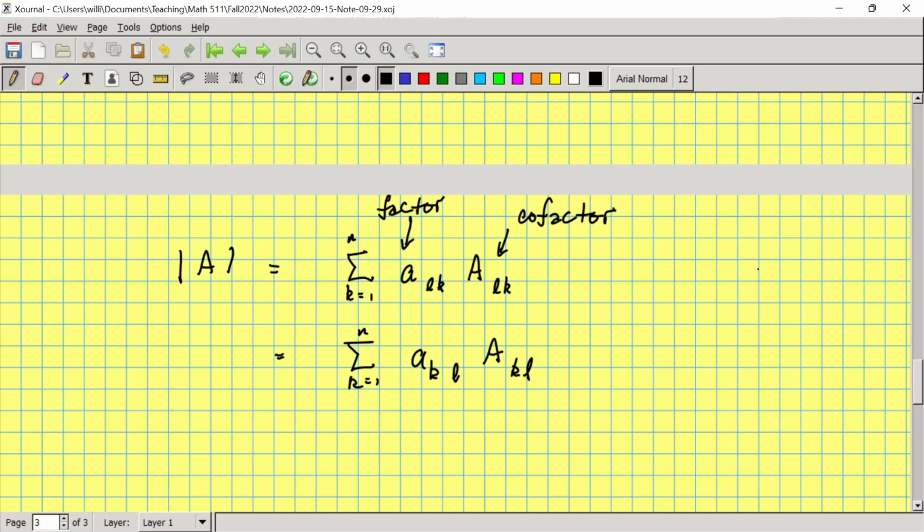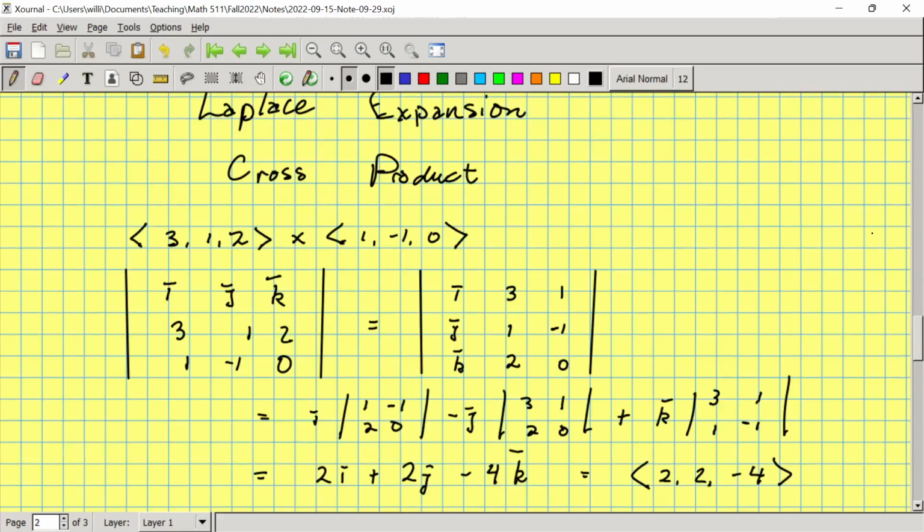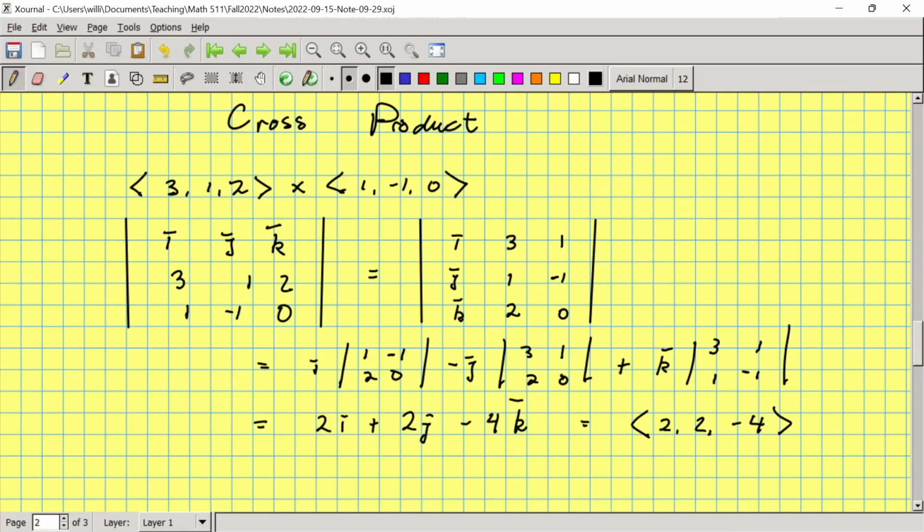That's exactly what we did when we calculated the cross product up here. We multiplied i times the determinant of its minor, in other words, i times its cofactor. Plus j times its cofactor, but the cofactor of j was the negative of the determinant of its minor. Plus k times its cofactor, and that was the positive determinant of its minor.